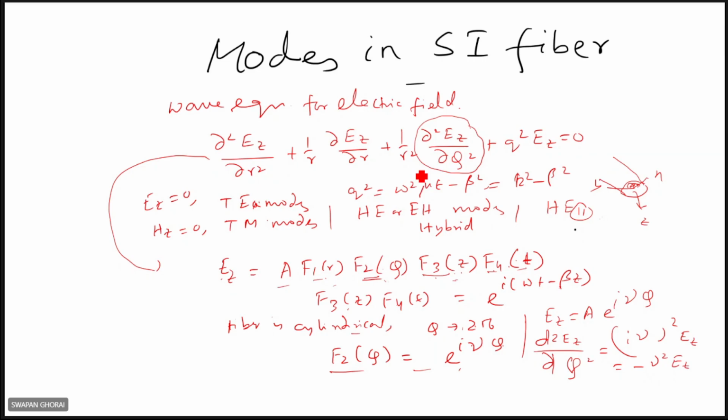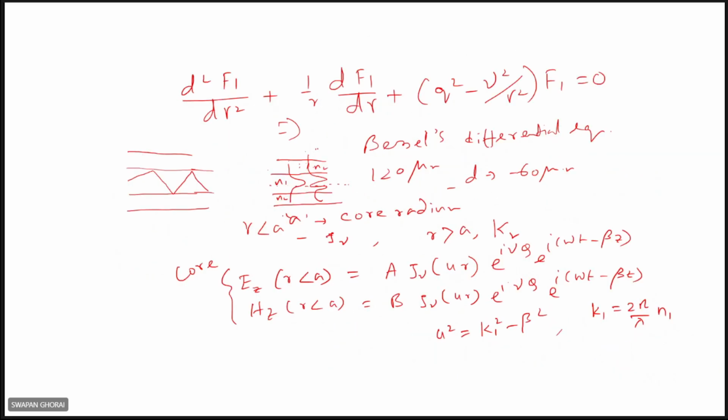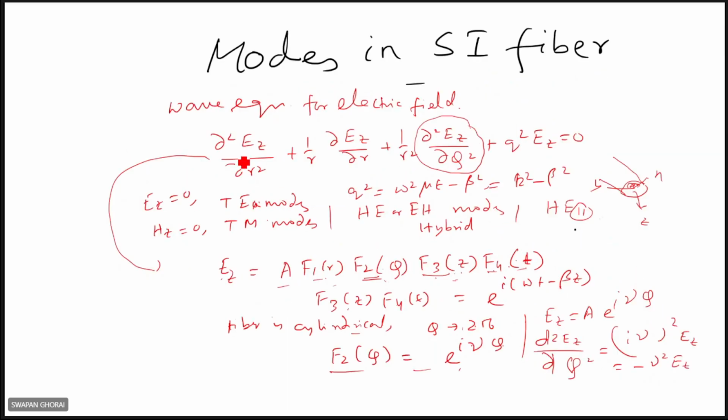If you substitute all those things, what will you get? If you write Ez equal to f1(r) f2(phi) f3(z) f4(t), f2, f3, and f4 are already replaced, and all the terms will contain this overall Ez. The right hand side is 0, so that term will be absent.